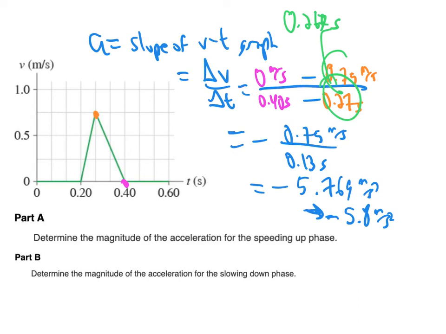Yeah, that's when we get obsessed with sig figs over reasons that we shouldn't. So it should be something like around minus 5.8. In either case, the actual answer, of course, would be plus 5.8 meters per second squared, because they wanted the magnitude, so we take the absolute value.